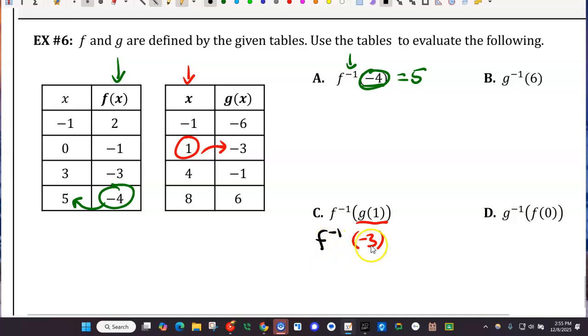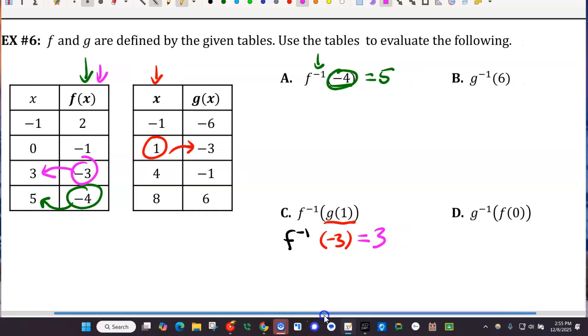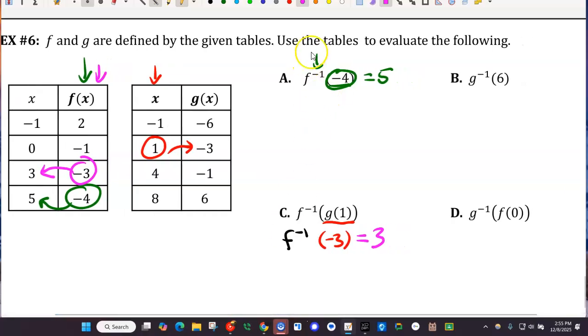Start with 3, -3, like you're already there. And fly back home to +3. So try those last two, B and D. Check when you're finished.